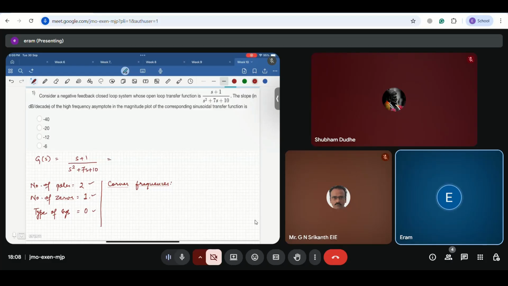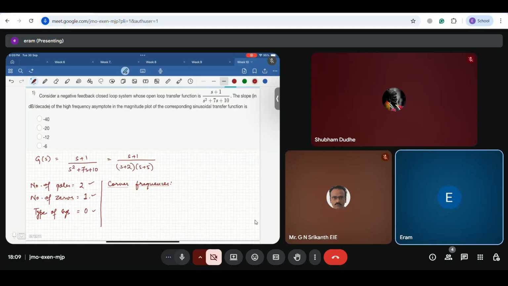For that, let's first convert this transfer function into the time constant form. The time constant form is of the form 1 plus sT. First let's try to separate the poles. It will be s plus 2 and s plus 5. We can write it like this.